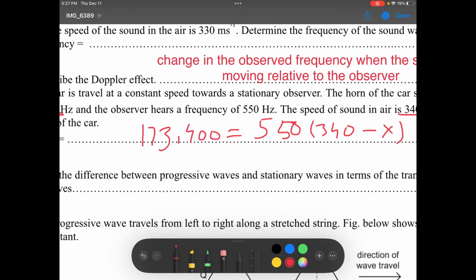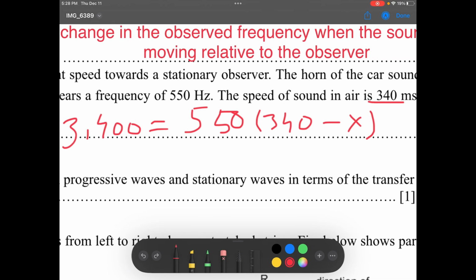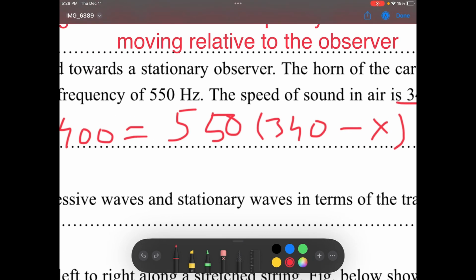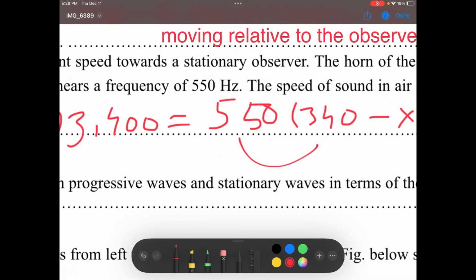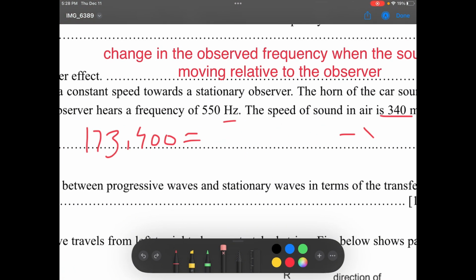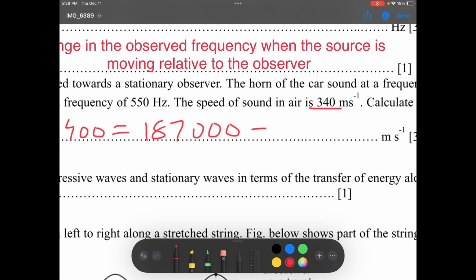Now we need to make x the subject of this equation. Now we're going to multiply 550 into the bracket, so that will equal 187,000 minus 550x.